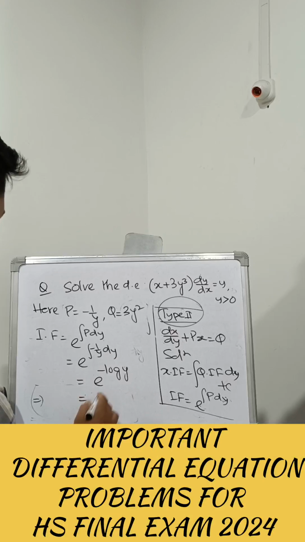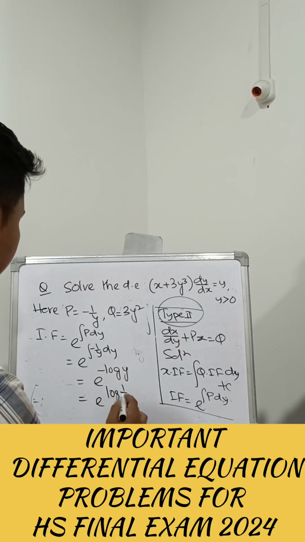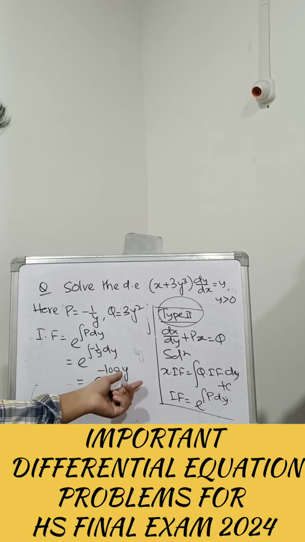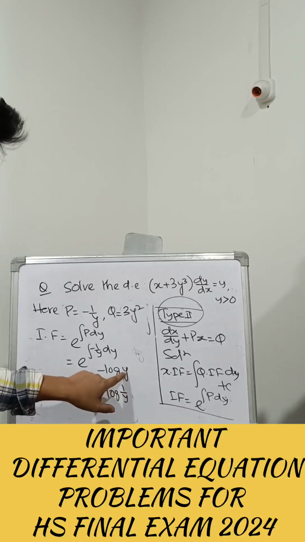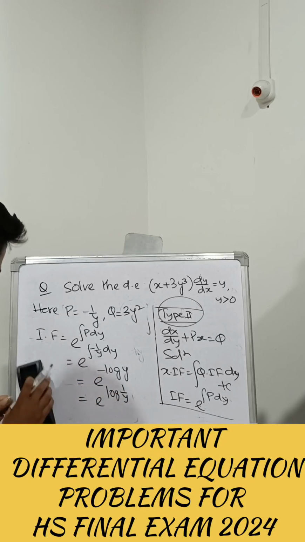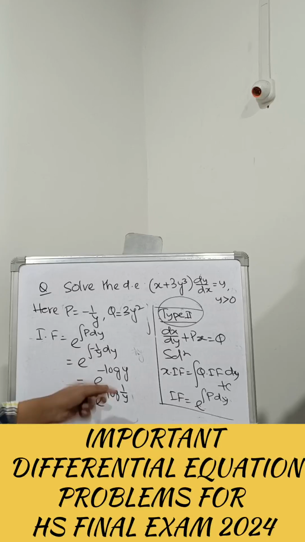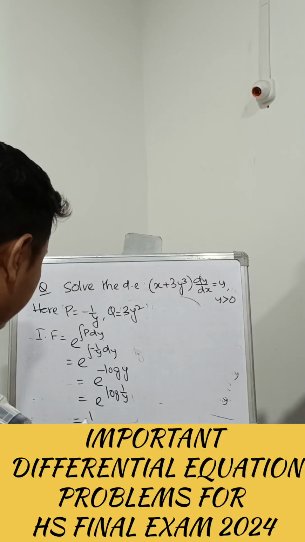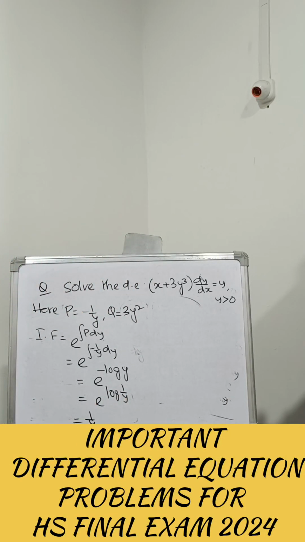By applying the property of log, to remove this negative sign you just need to take the reciprocal of the term, which is y. So the negative sign vanishes, and the value of this term is 1 by y. So the integrating factor is 1 by y.